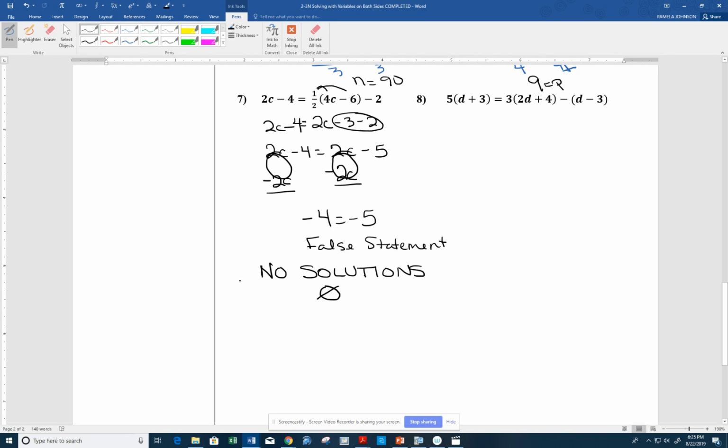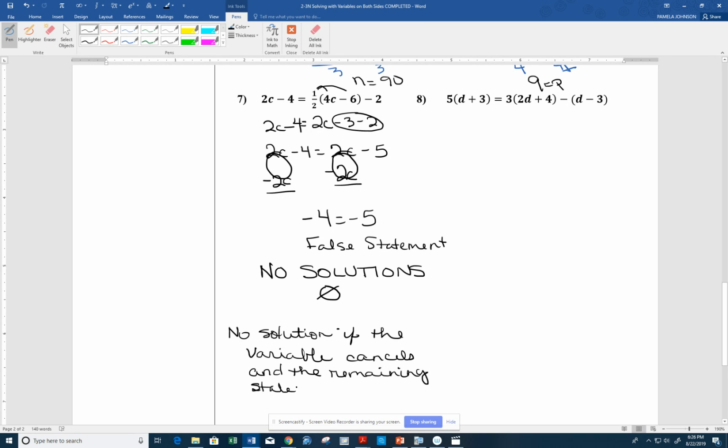So just to make sure we have a formal definition for this: no solution if the variable cancels and the remaining statement is false.